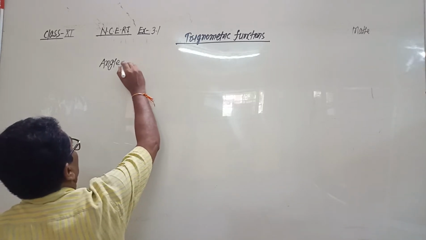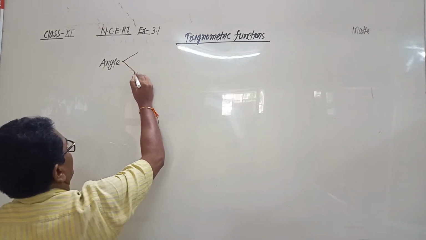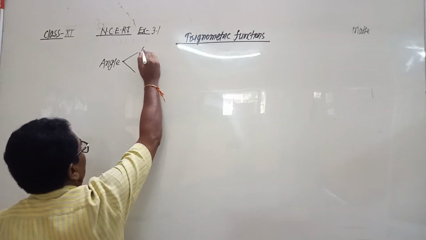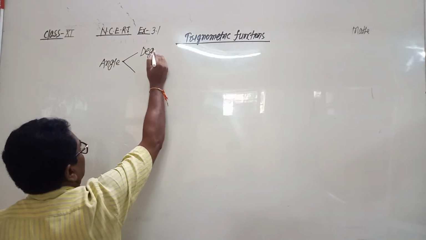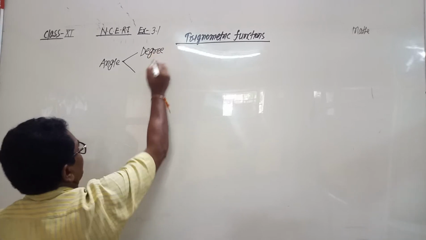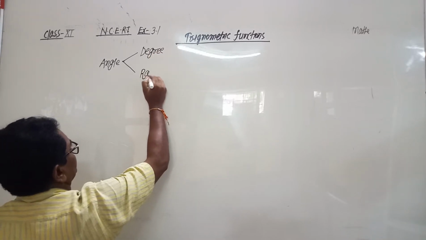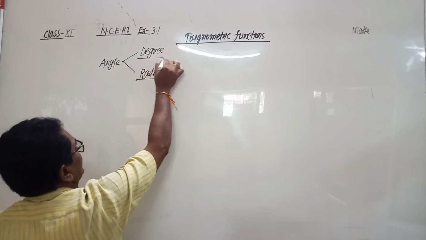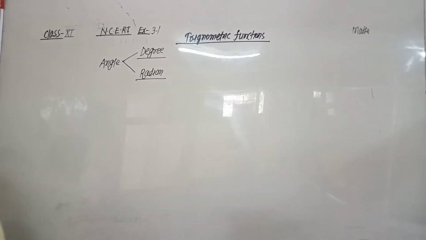So there are two units to measure the angle: one is degree and another is radian. So angles are measured in both of the units, in degree as well as in radian.